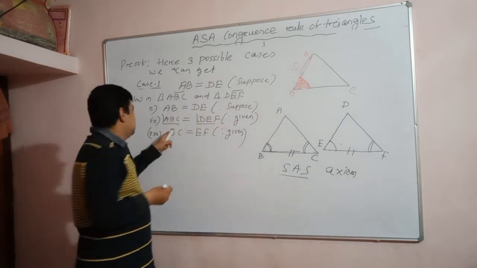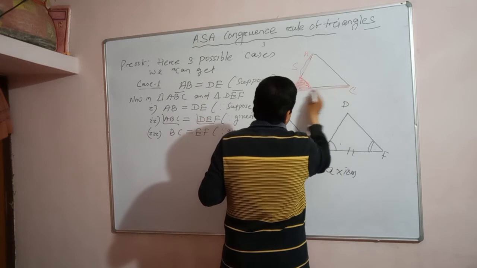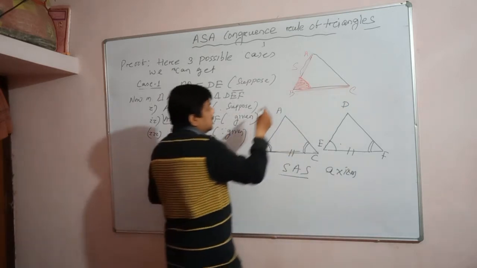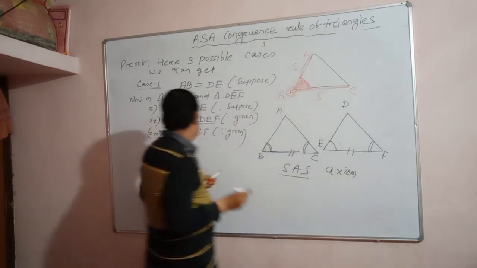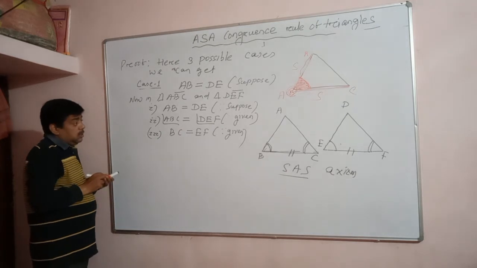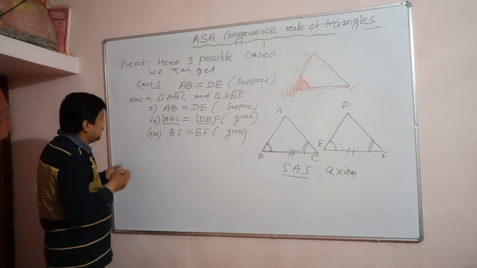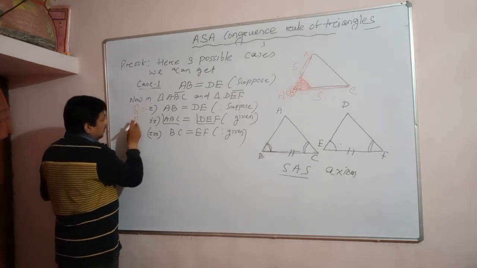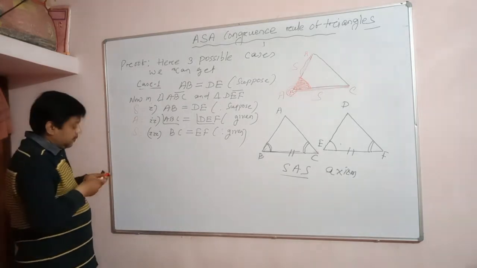And another one, BC side, which side? This side is BC side. So this is a side, this is the angle, and this is the side. So it satisfies the side angle side congruency condition. Side, angle and side. Yes or no? So side angle side is satisfied.